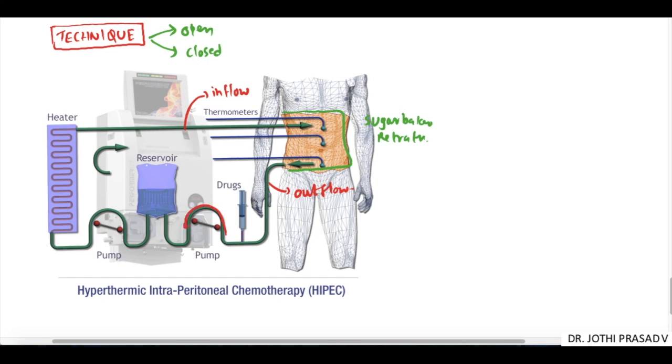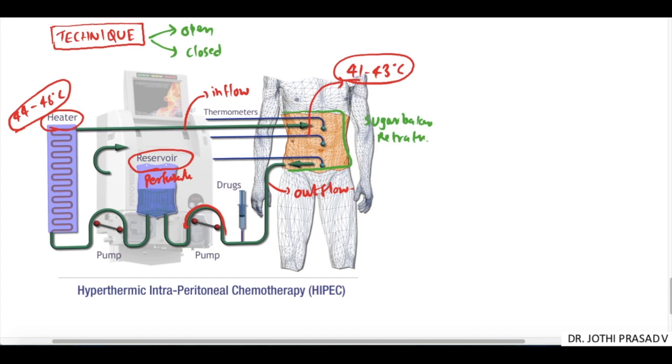It passes through a pump to a reservoir, which is a perfusate, which then passes into a heater, which heats the liquid to 44 to 46 degrees Celsius externally so as to reach a core temperature of 41 to 43 degrees Celsius. The procedure lasts for 90 minutes, or approximately 60 to 120 minutes. Temperature probes are placed over the skin to regularly monitor the temperature.